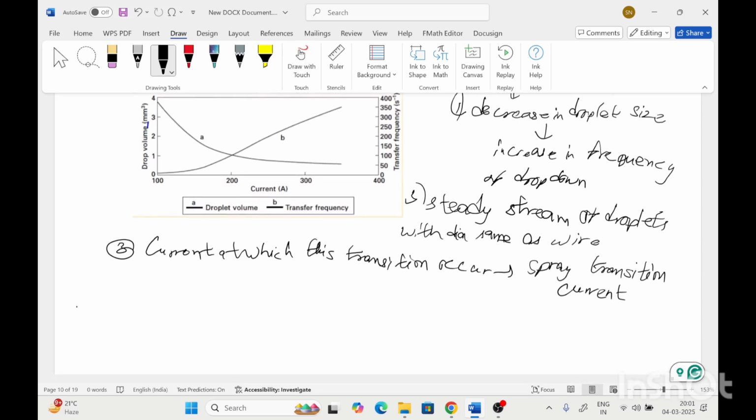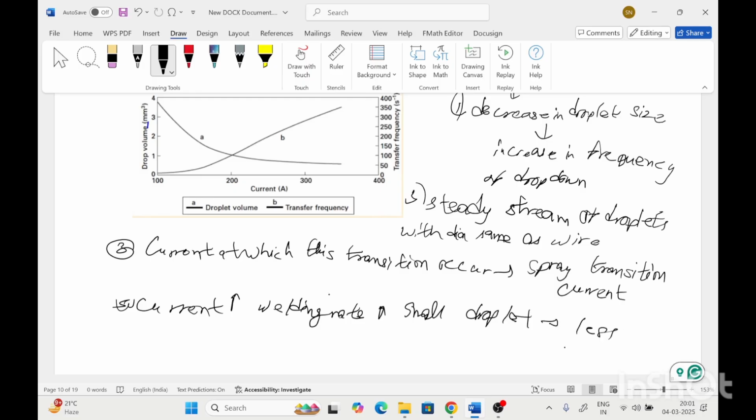As the current increases, the welding rate increases, which leads to small droplets and less spatter.